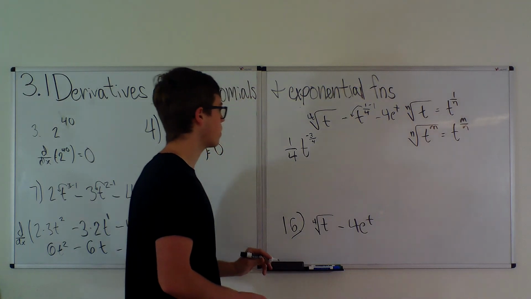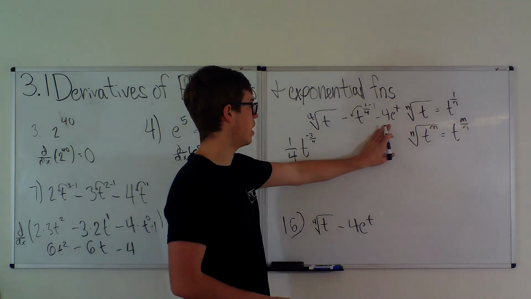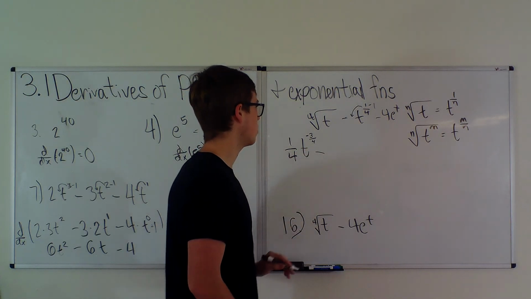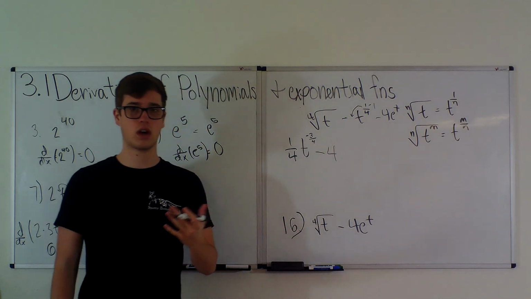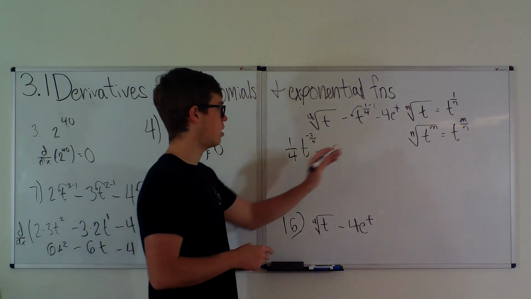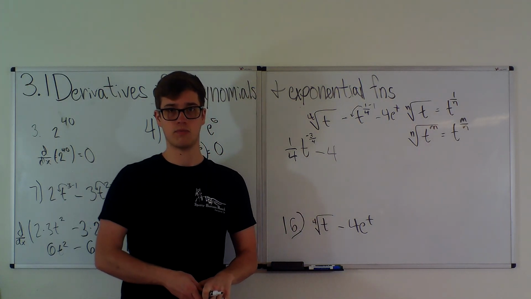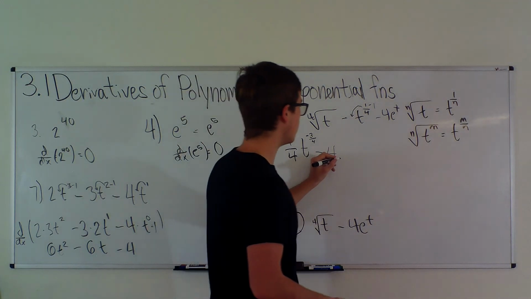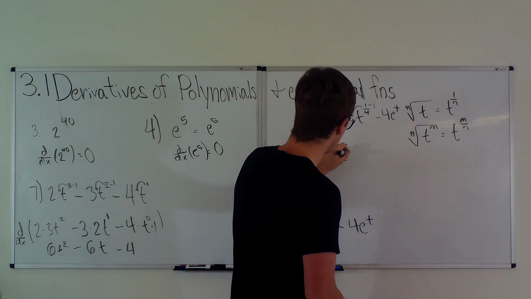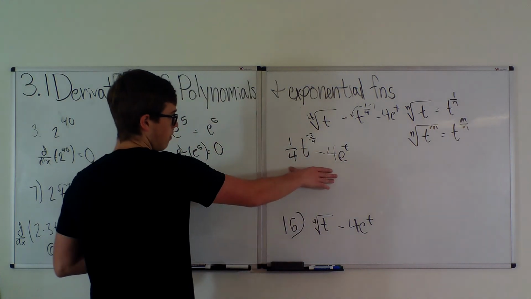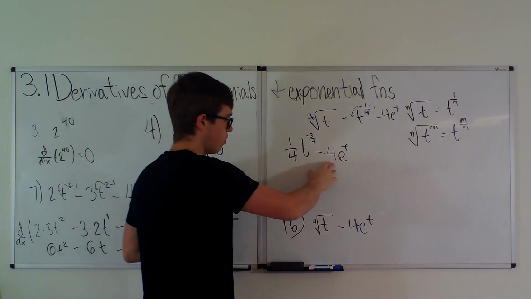So it's 1/4 t to the negative 3/4. And then you have minus 4e to the t. You can just put the minus 4 out in front. It's a constant, you don't really have to worry about it. Well, what's e to the t? The derivative of e to the t is e to the t. So you have your answer. The answer is 1/4 t to the negative 3/4 minus 4e to the t.